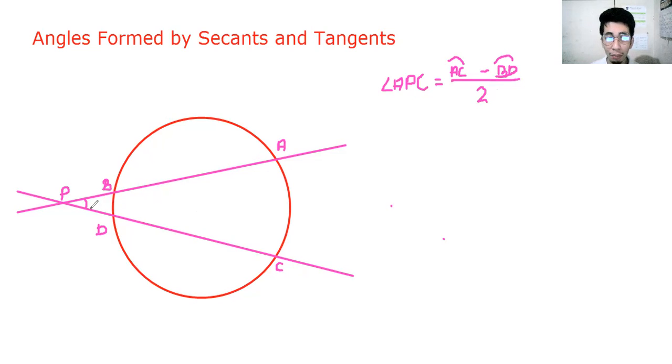Dito naman, kapag nasa labas, we're going to subtract the 2 arcs, then divide it by 2. Okay? So, nag-conclude tayo na angle APC is equals to arc AC minus arc BD divided by 2. Okay? So, lagyan natin ng label. So, lagyan natin ng scenario. For example, XB.